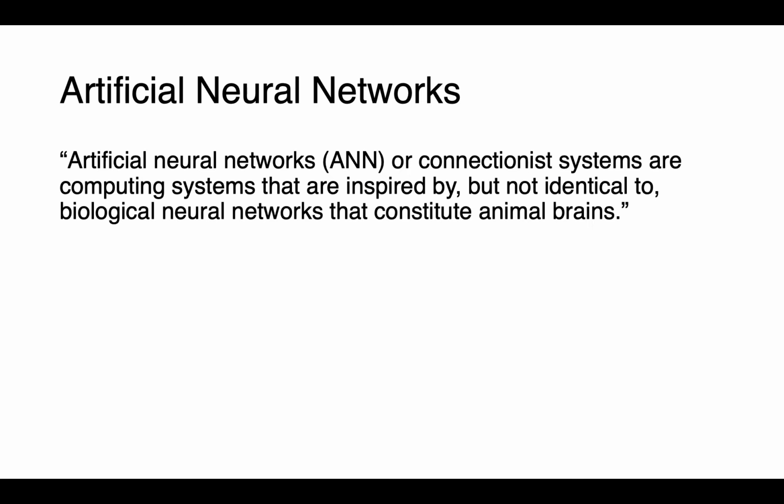So an artificial neural network is also called a connectionist system, but it's much more common to call them neural networks. They are computing systems inspired by biological neural networks.